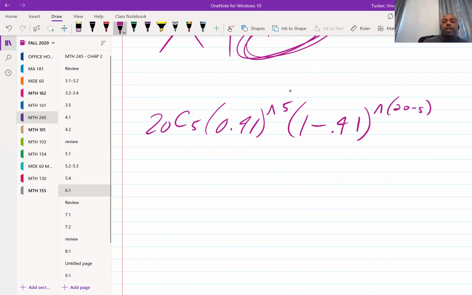So you can actually put it in your calculator just like this and it will give you that result. You put in 20 first, then go to the nCr. I forgot whether the n and the r disappear or not. Some calculators leave it there, but I think yours disappears and you're able to write it like that.